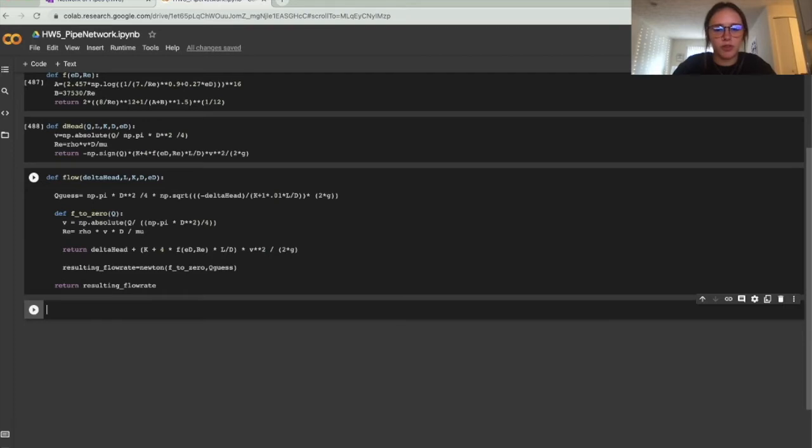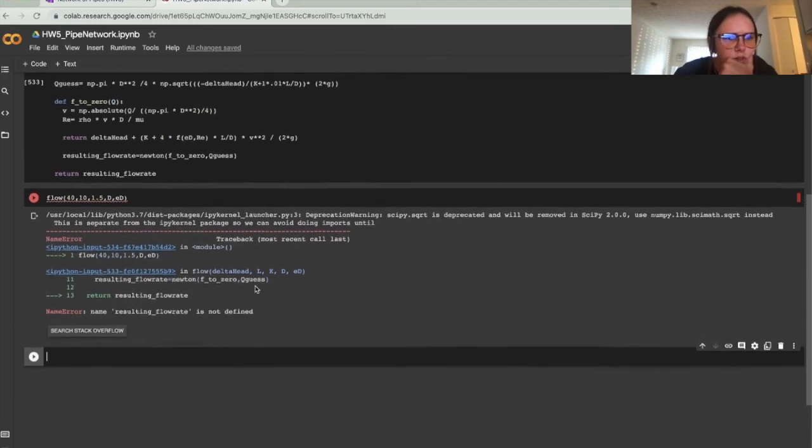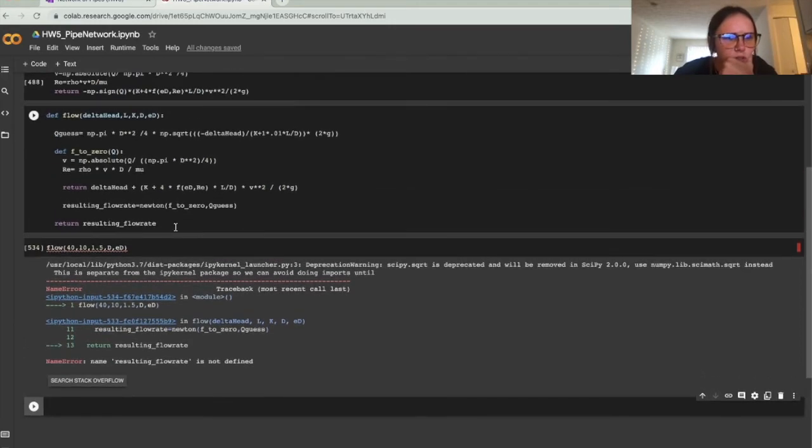And if we run this, so flow of, let's see, I had 40, L was 10, 1.5, D is what we had, and ED. If we run that, the resulting flow rate equals that.